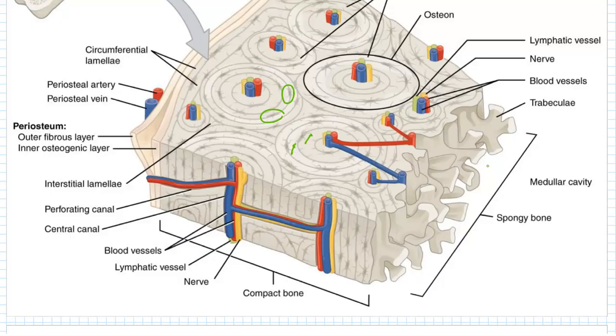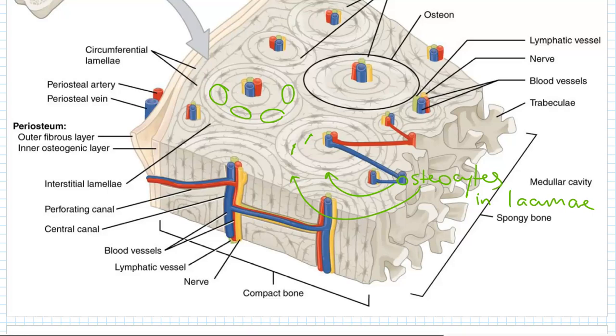So these are all osteocytes. Now remember how osteocytes are formed. They're basically osteoblasts that were trapped within the matrix. Correct? So, are there empty spaces? Yes. So these osteocytes are trapped within lacunae.